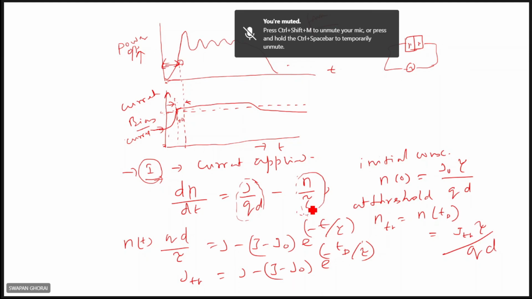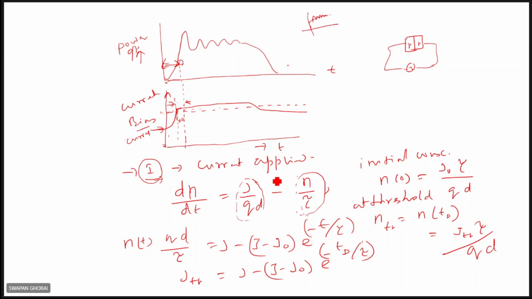Because of recombination, light comes out. This is the rate of excess carrier concentration.